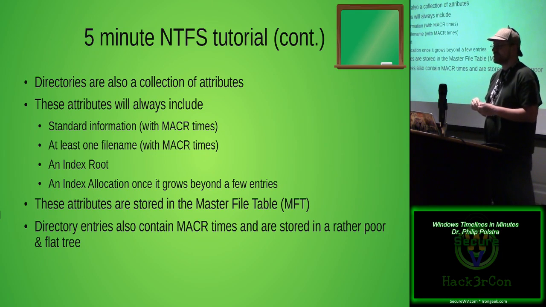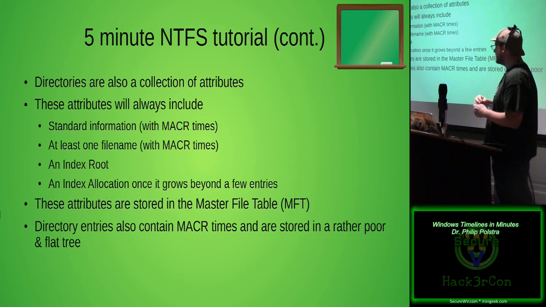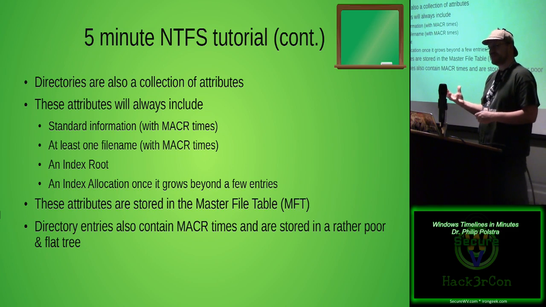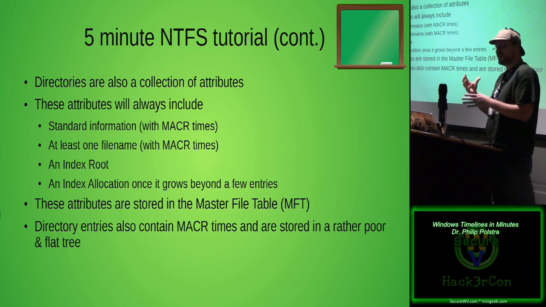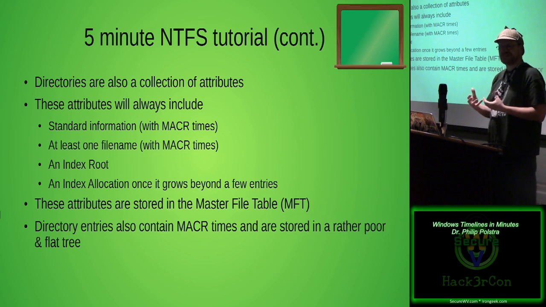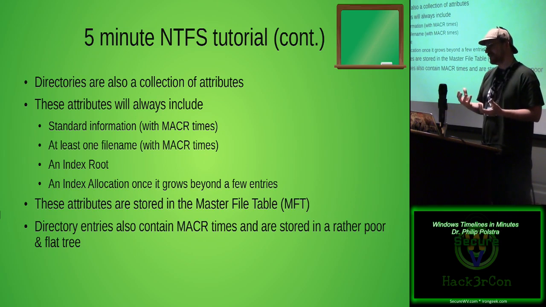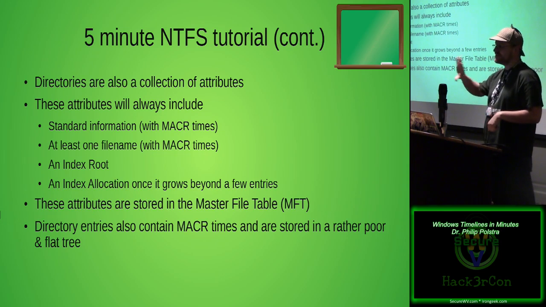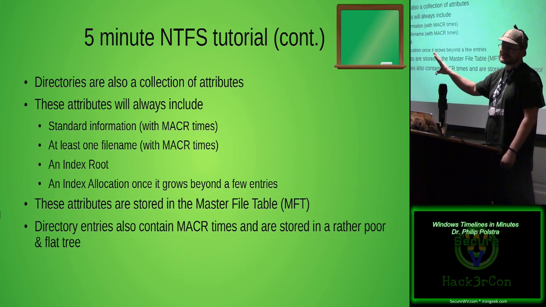It has standard information, at least one file name. And then the way that they store directories, you have this thing called an index root. That's sort of the start of a tree. So directories are stored in a tree structure. It's not an awesome tree structure, but it's better than having a flat structure.